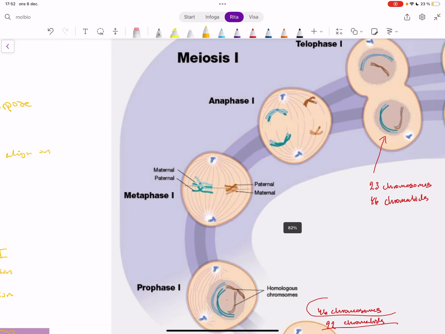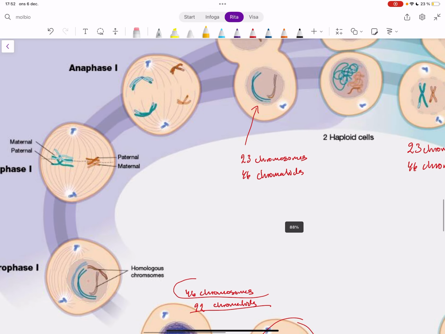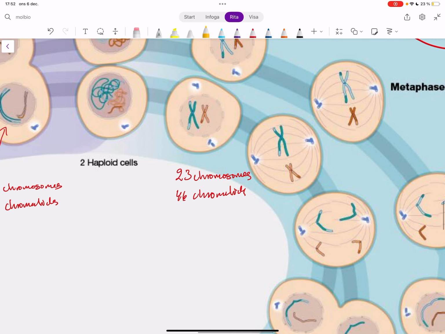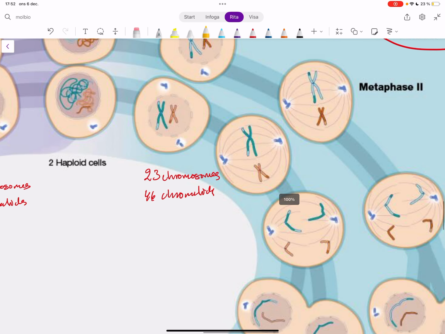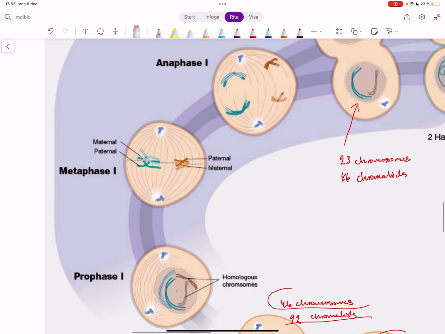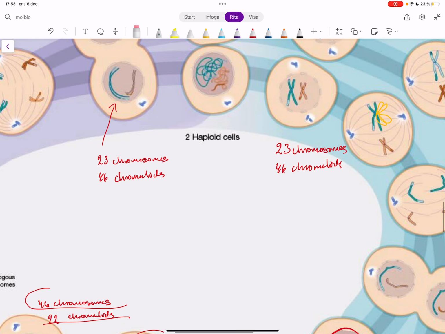Now, there might come up a question on the colloquium where they will show you a picture of maybe meiosis 1 metaphase 1, and meiosis 2 metaphase 2, and they will ask you if it's meiosis 1 or meiosis 2. The most important detail here is to recognize that in metaphase 2, there are no homologous chromosomes. Here you can see 2 homologous chromosomes, and here you have only 1.